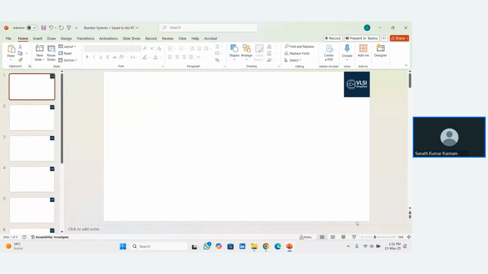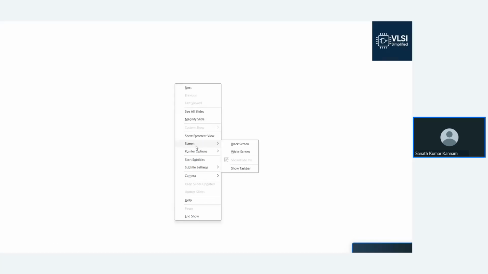Okay, hi students. So today I want to explain about Boolean algebra. Boolean rules and Boolean algebra. Where are we using this Boolean algebra?